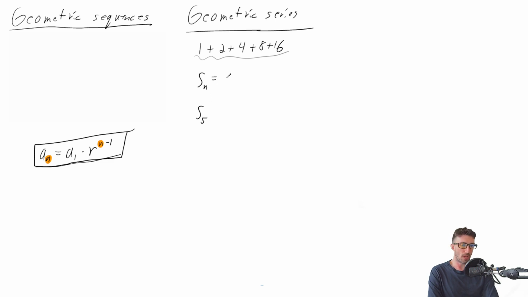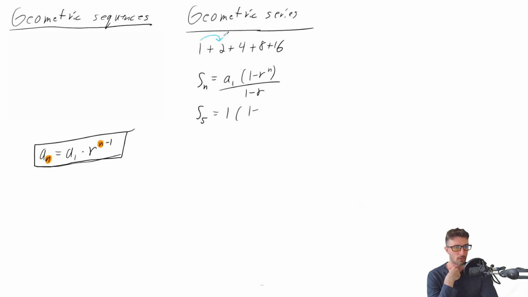Now the formula in general is a1 times 1 minus r to the n, over 1 minus r. So if we're trying to do it for this particular series, then we start with our first term, which in this case is just 1, times 1 minus r.